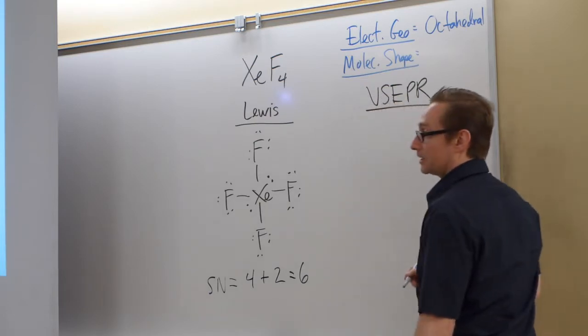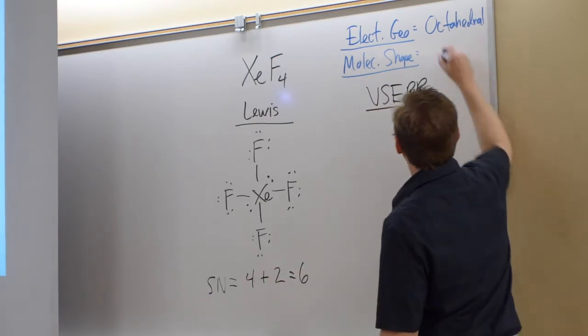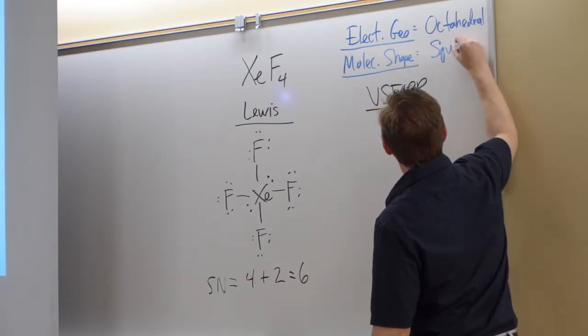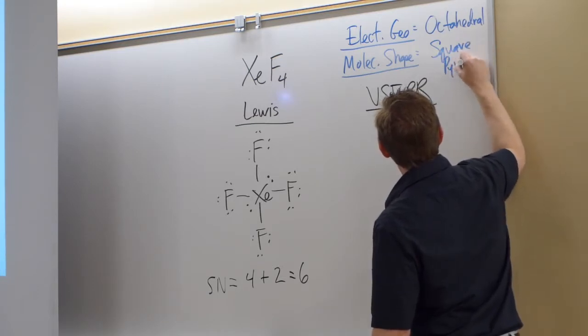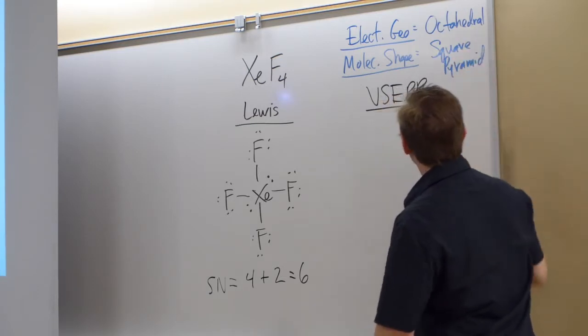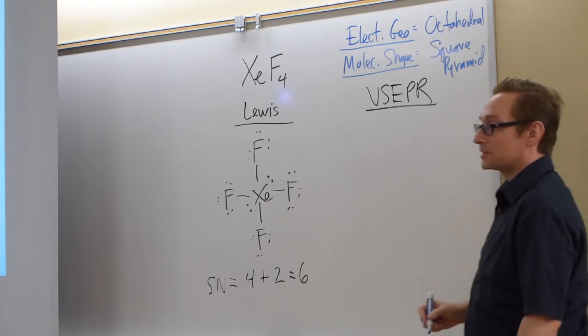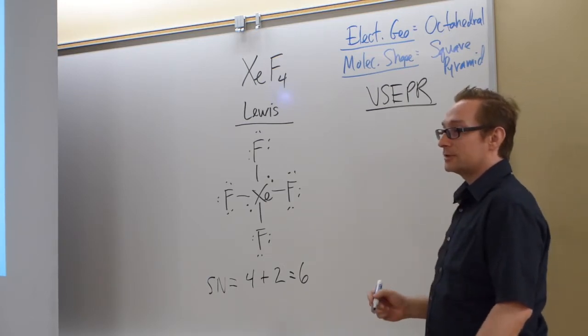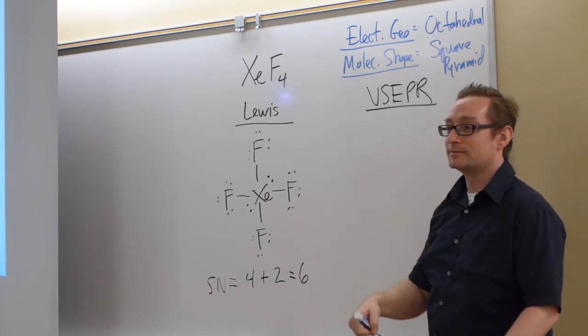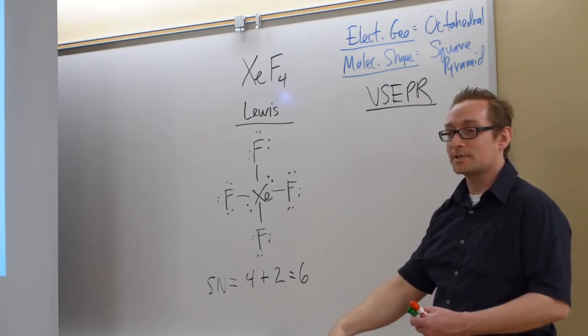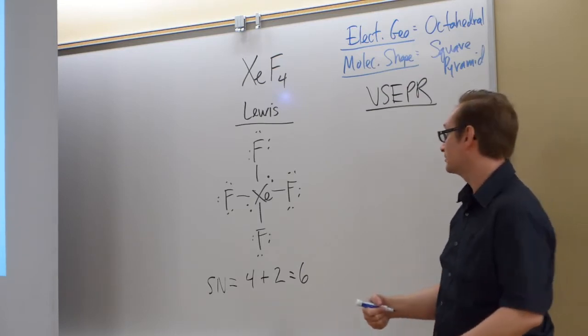The molecular shape is a square pyramid. All right, how do we draw a square pyramid? And the question really should be, how do we draw an octahedron and then take atoms off to make the square pyramid? That's the question.